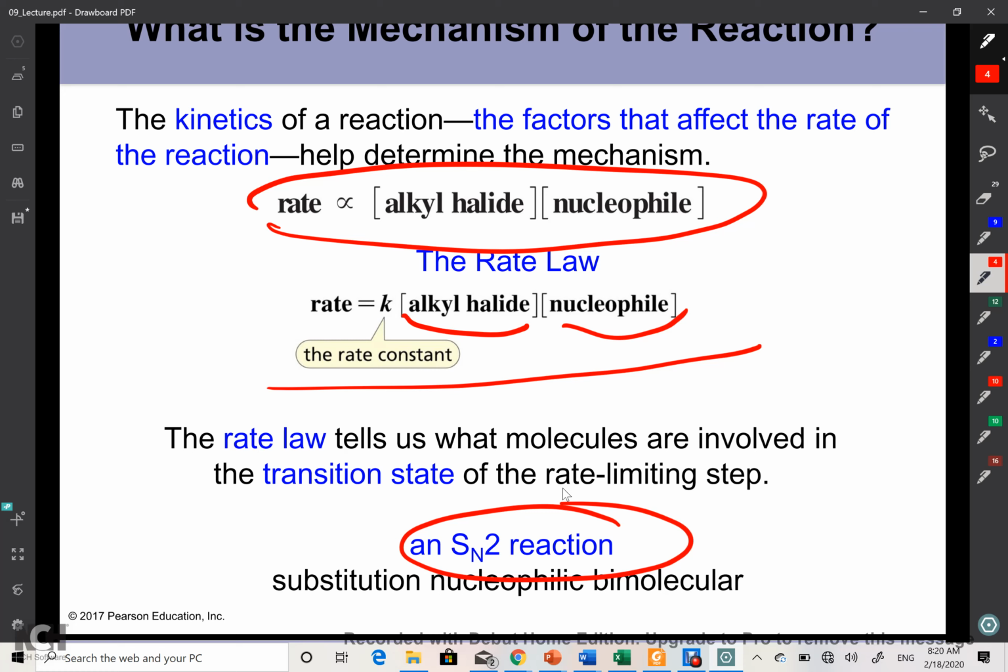You've heard about that before, right? The rate determining step is the slowest step in a reaction, and it is the step that determines how fast a reaction can take place. So with a bimolecular substitution, at the rate determining step you can observe two species: the alkyl halide and the nucleophile.